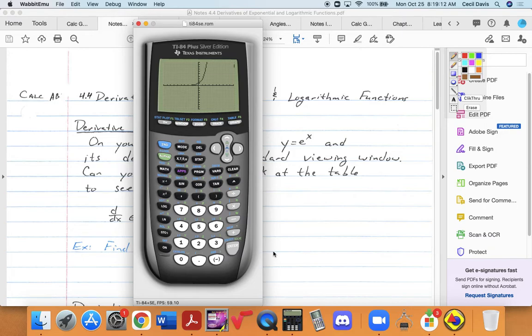If you have a computer that only does it in, I was going to say black and white, but it's more like black and green, you might not be able to see it. But if you go to the table, you notice that the x and y values are pretty much the same until you get to about the sixth decimal place.